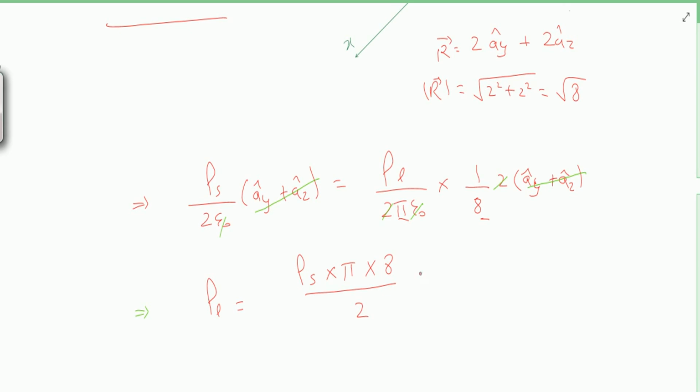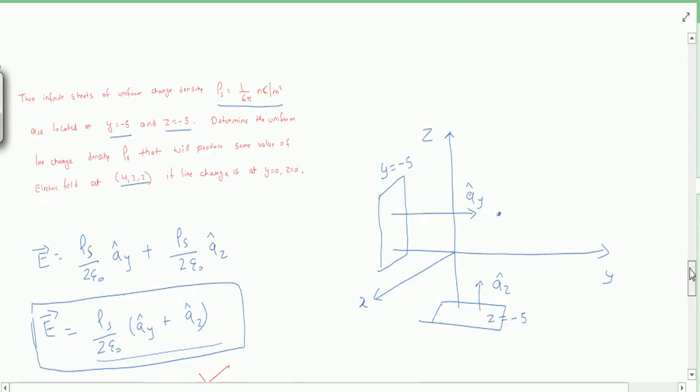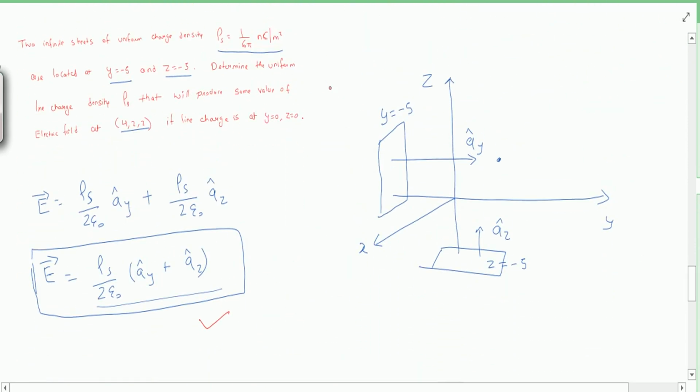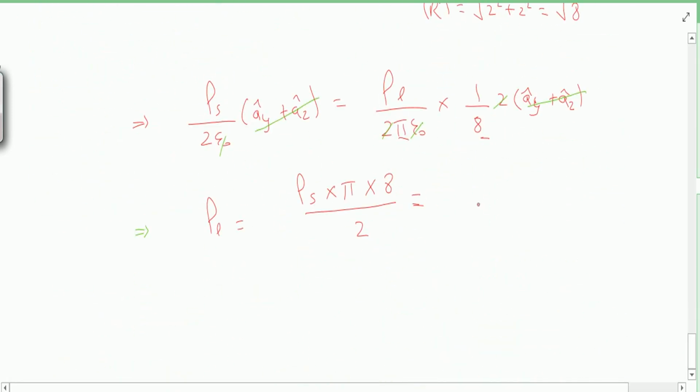So what was the value of rho s? Rho s was 1 by 6 pi nanocoulomb per meter square. After putting 1 by 6 pi into 8 divided by 2, this comes out as 8 by 12.